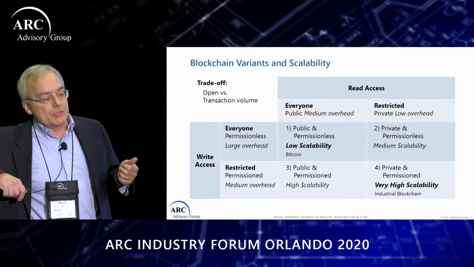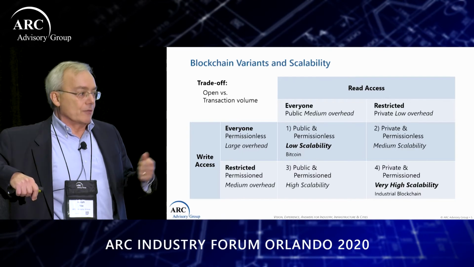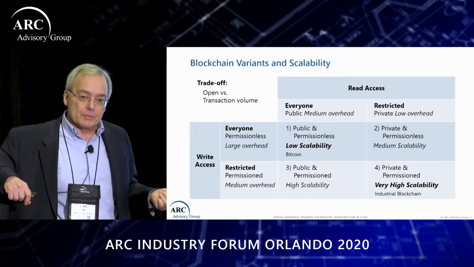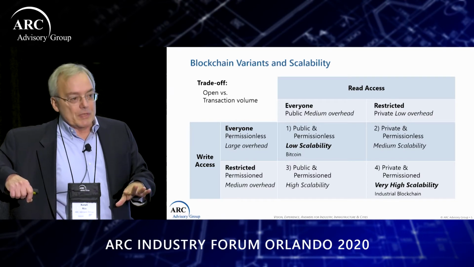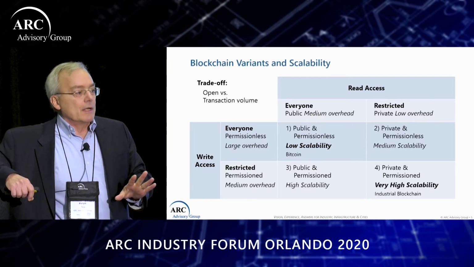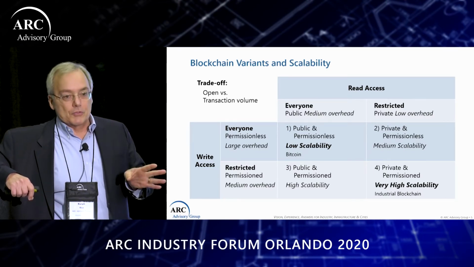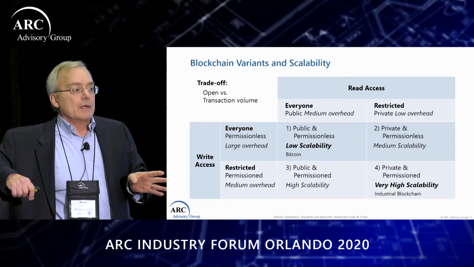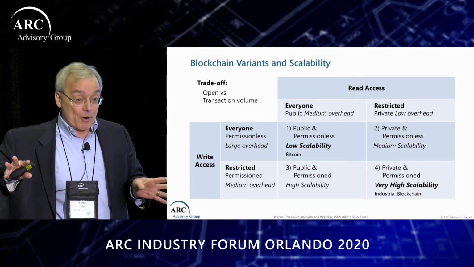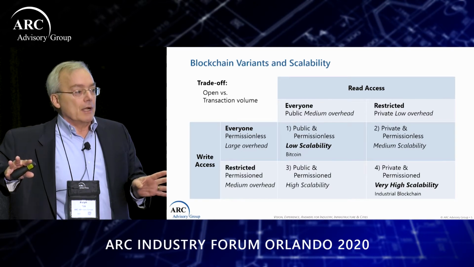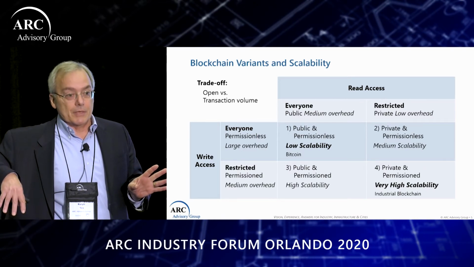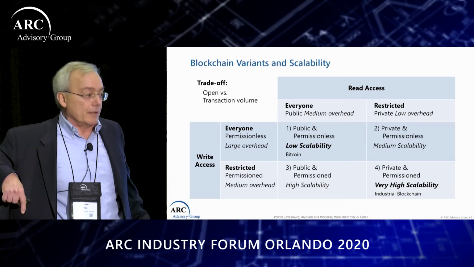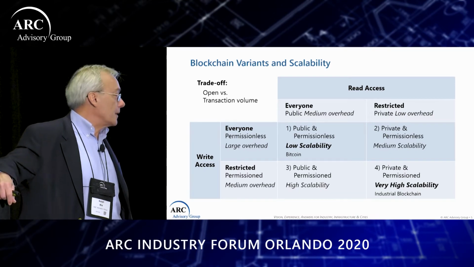What that means is you have to be either invited or apply to be part of the consortium. You are assumed to be trusted when you're accepted. You'll be closely monitored. If you do bad things, you'll be kicked out. And quite frankly, if you're not a part of the supply chain, that is going to be a serious hit on your viability to stay in business once the supply chain is in production on blockchain.